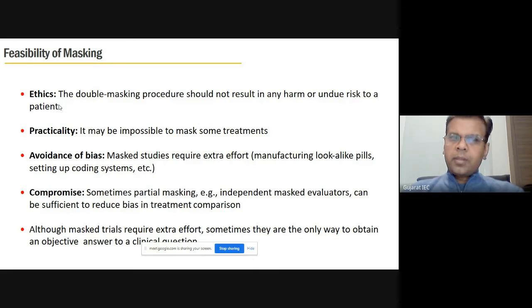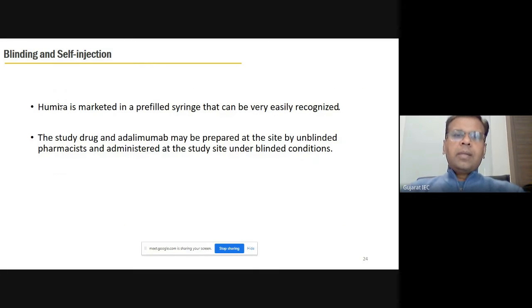the blinding of the product. So, as I was just mentioning, Humira was one of them, and it is marketed typically as a pre-filled syringe, and that can be easily recognized.